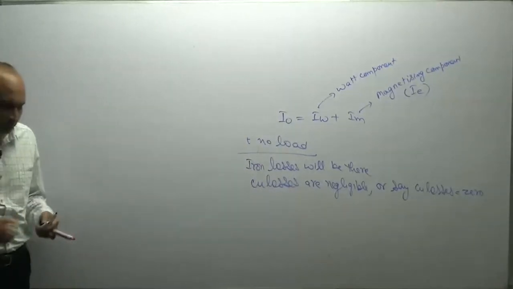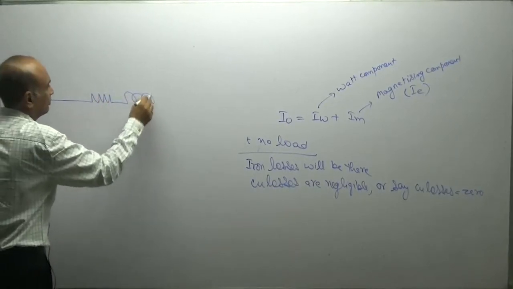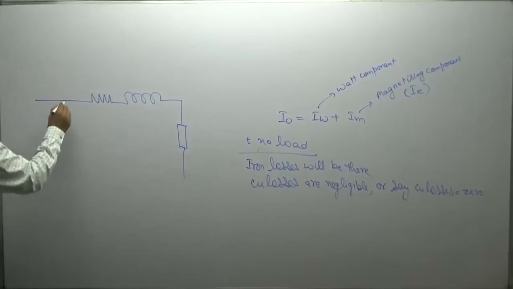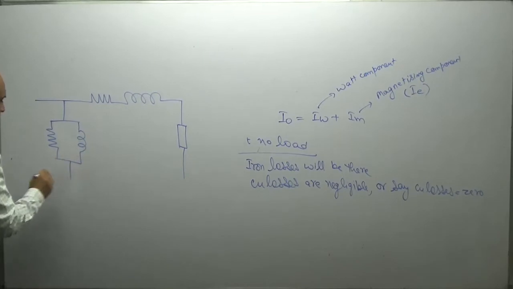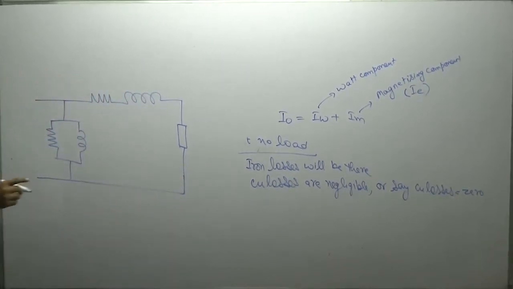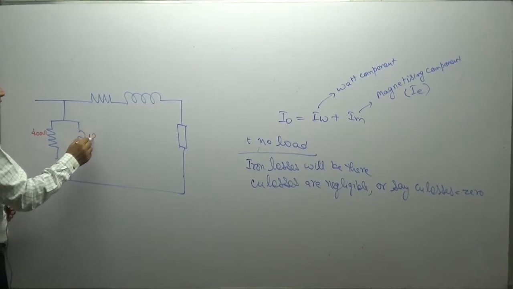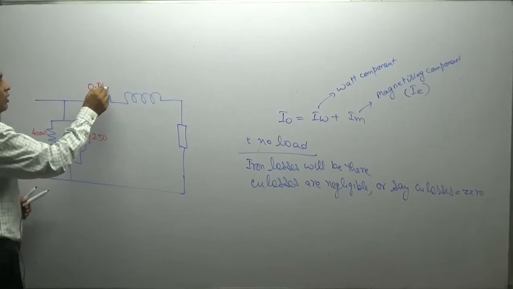One more thing I want to tell you. I have drawn this approximate equivalent circuit of transformer. Normally, suppose its value is 400 ohm, and the other values will be around like this.